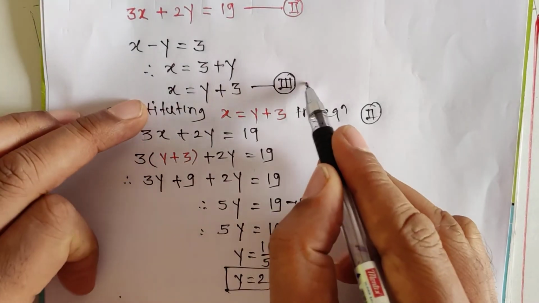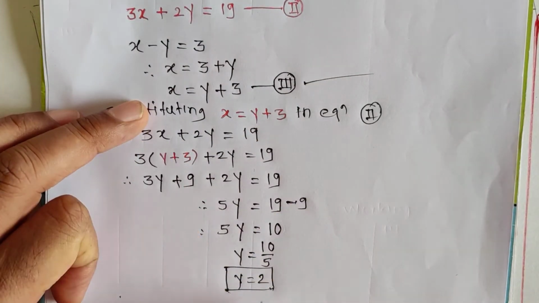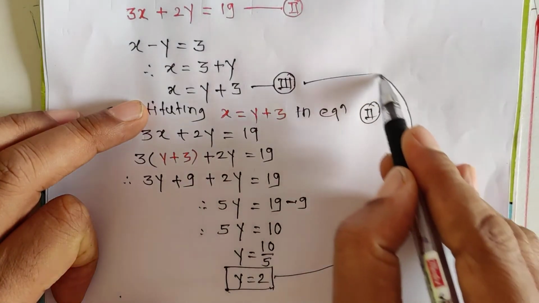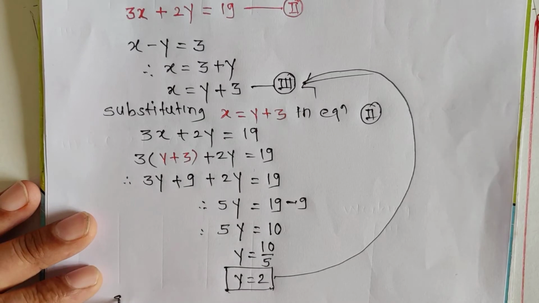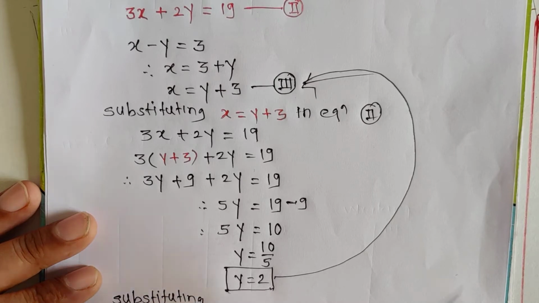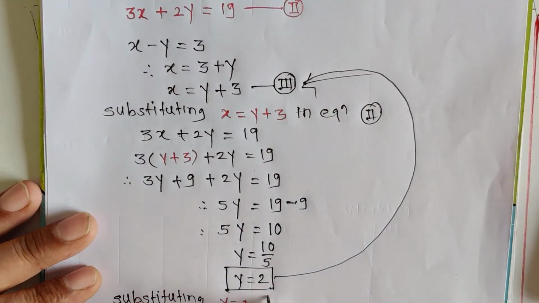Now we have the equation number 3. This is the equation for x. Now substitute this value in equation number 3. Now substituting y is equal to 2 in equation 3.